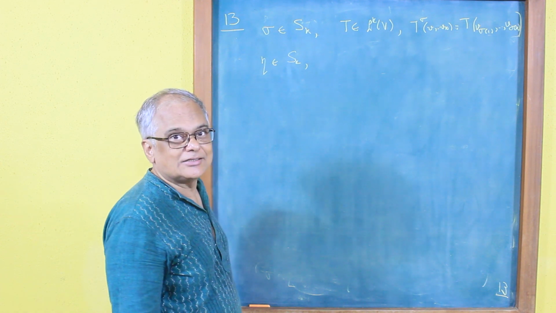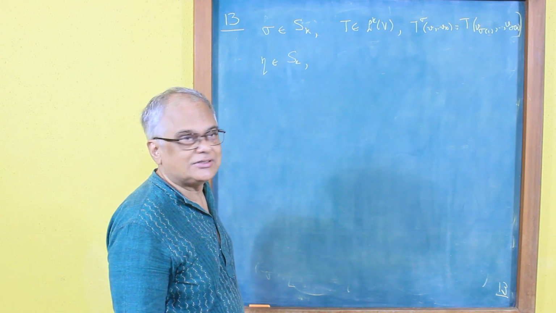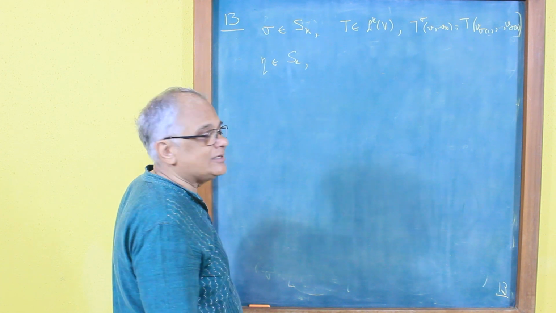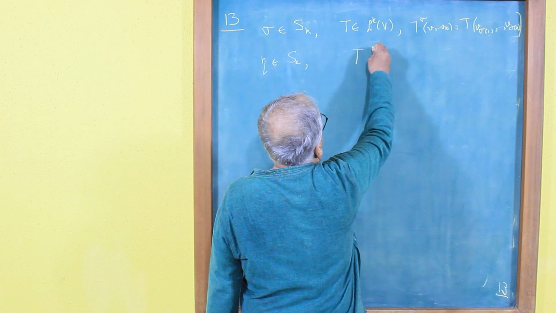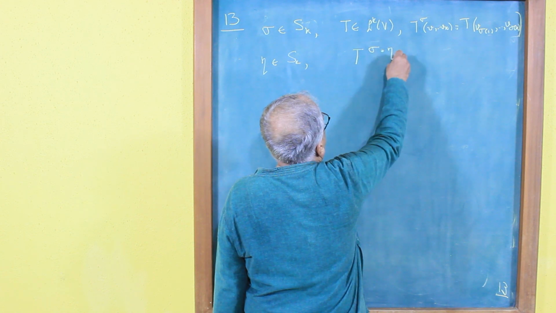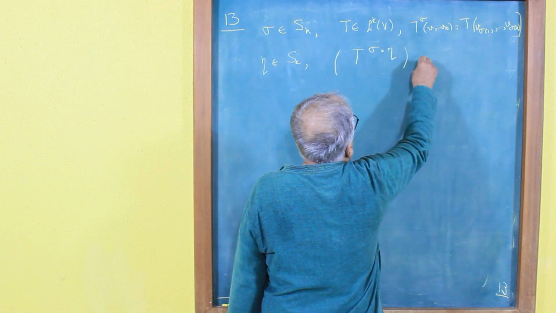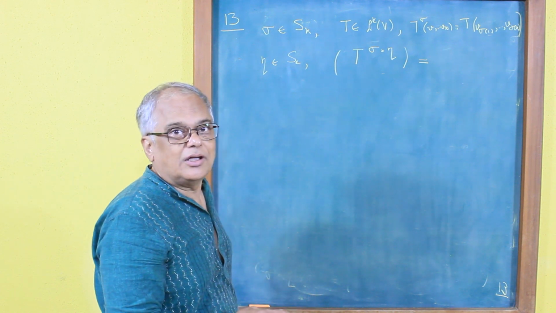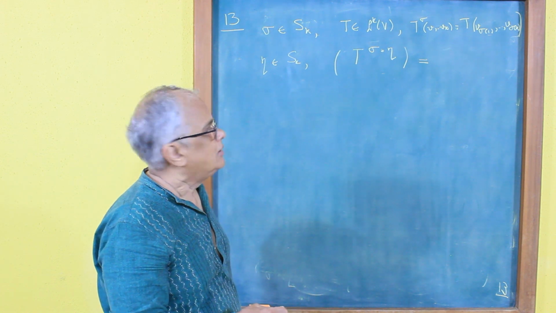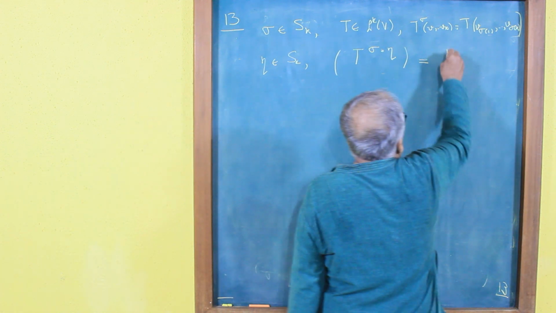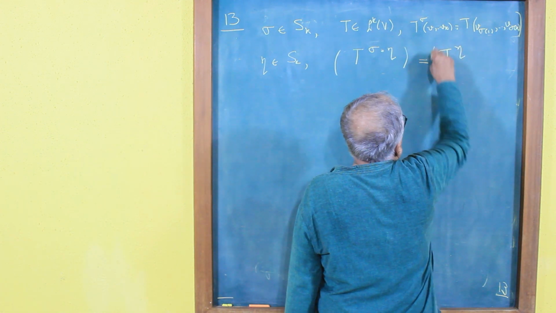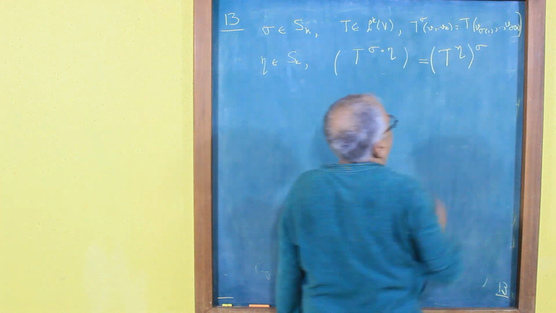And what we had seen last time, what you've seen just now, is that if eta is another element in S_k, then T of sigma composed with eta is T eta and then sigma.